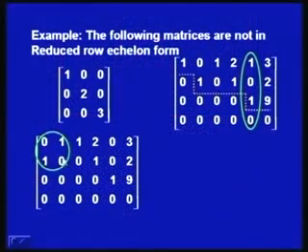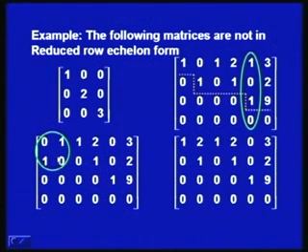The same thing is here. This particular pattern is against the form, because this is a leading one in this row, and this is a leading one in this row, but this leading one is on the right hand side. This should be on this side and this should be on this side. Only then will it be in row reduced form. So this is not in reduced row echelon form.